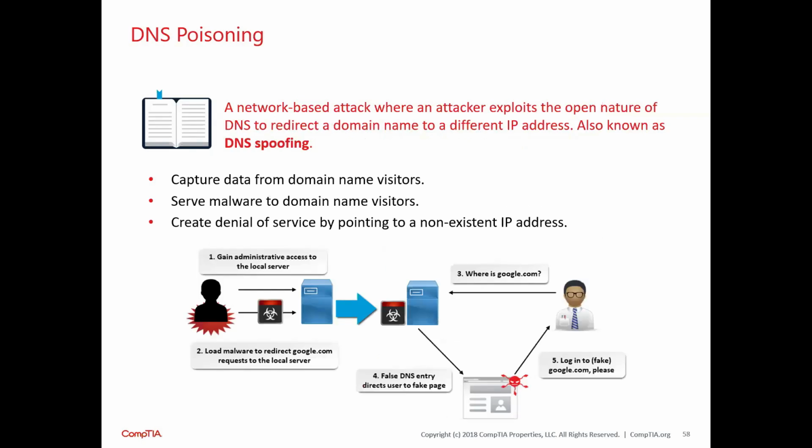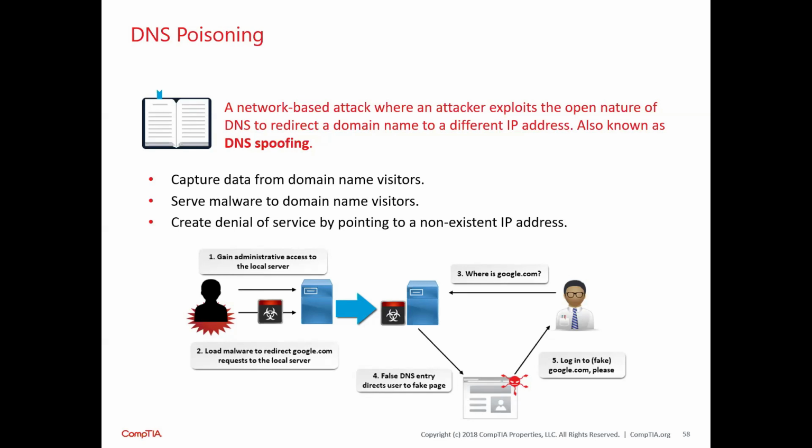Then a network-based attack where the attacker exploits the open nature of DNS to redirect a domain name to a different IP address is known as DNS spoofing. DNS poisoning is to make sure that your victim believes that the domain name and the IP exist, and you can redirect.